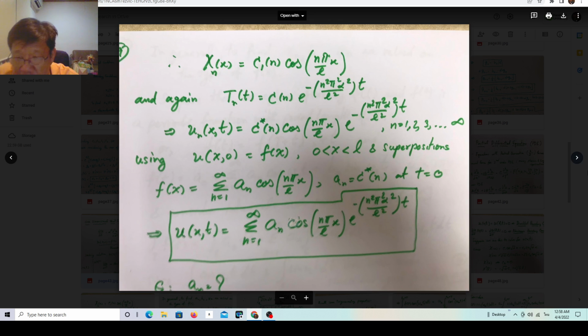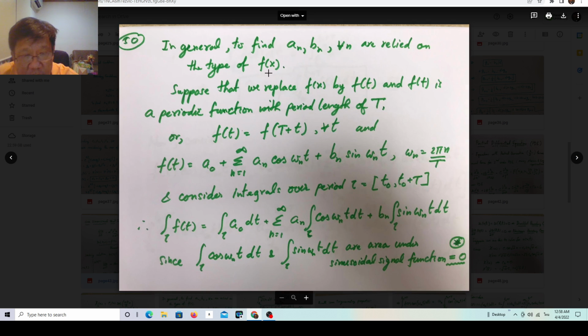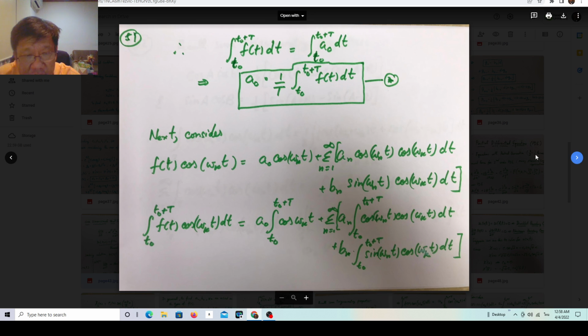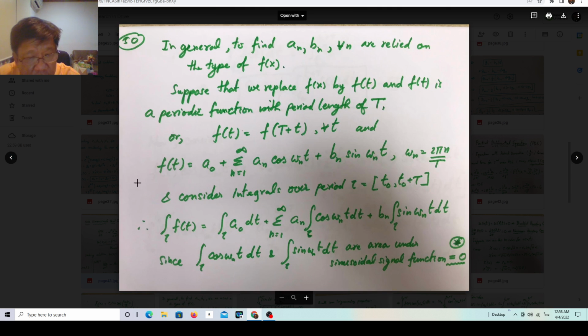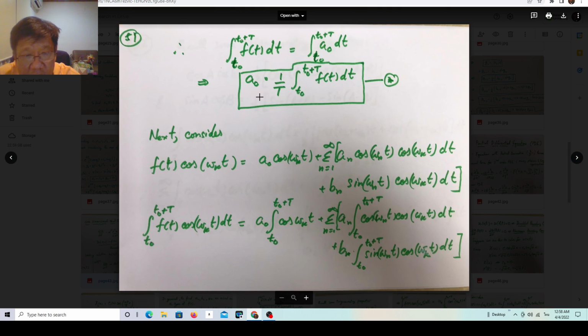To be able to find a sub n and b sub n, make sure that your f of x is a periodic function with a length T, which we call the period. Then, based on this derivation, you can find the general form of a sub n and b sub n based on this formula.